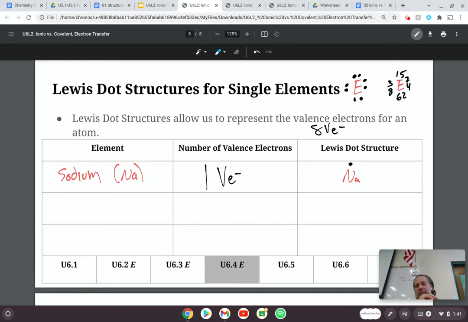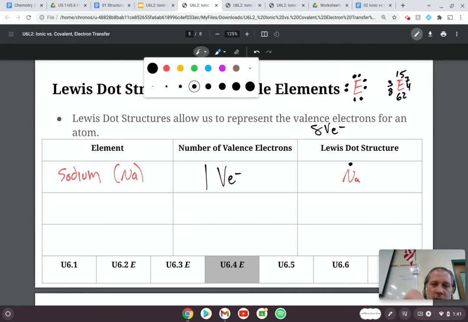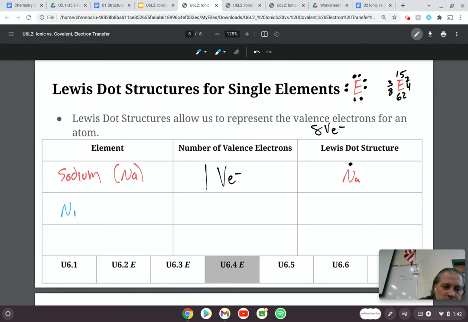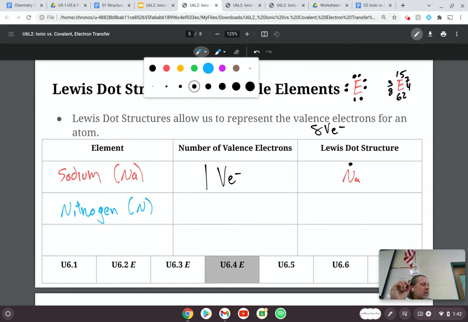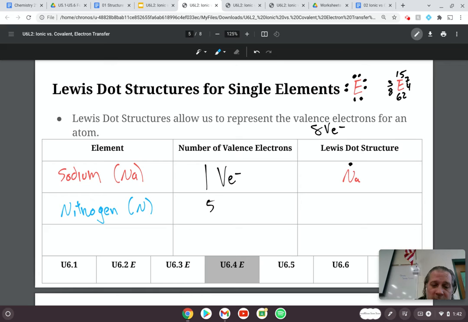Another example that we could do would be nitrogen. Now, nitrogen is in column 15 on the periodic table on the right-hand side, and that means that it's going to have 5 valence electrons.